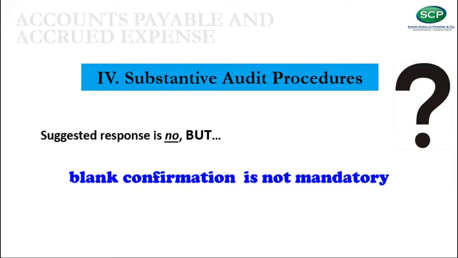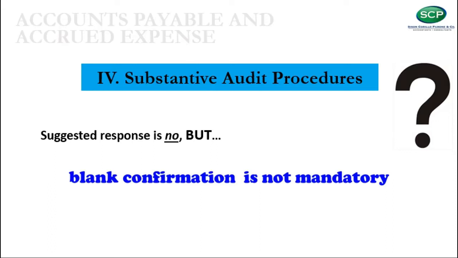In this case, however, where the accounting records and documents had been lost, I think it would be best if a blank confirmation request be sent for accounts payable and accrued expenses. We can also request the vendor to attach documents such as a statement of accounts to support the amount they will put on the confirmation.